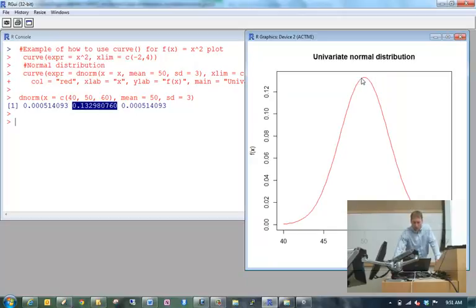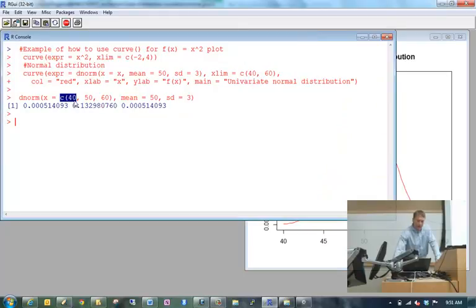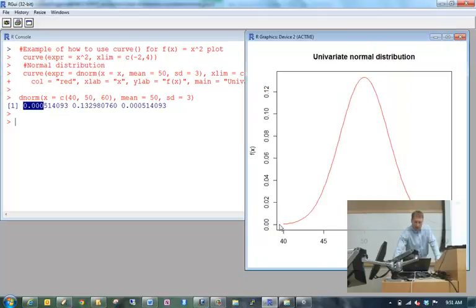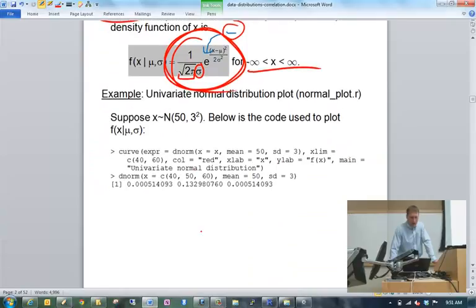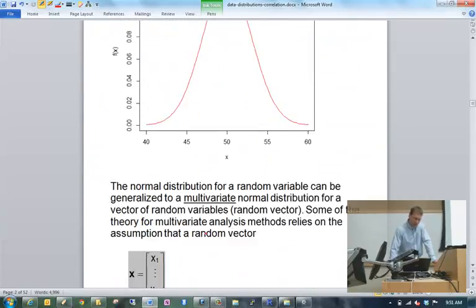Notice how that corresponds to the height, actually the highest point, of this curve there. At x equal 40, notice it's only 0.0005, and you can actually see that on the curve right there. Okay. So that's the univariate normal distribution. Should not be new to you other than maybe how to do this in R.